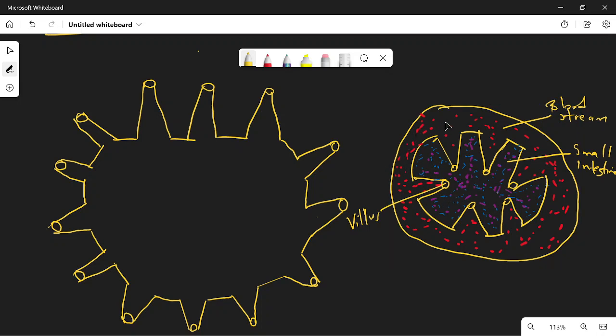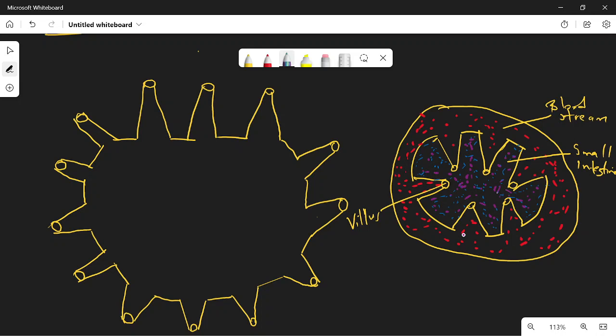Into the bloodstream. So very soon we will be having all of these materials that are in the small intestine, you see them moving into the what? Into the bloodstream. They will be passing through the villus and moving out. You'll notice that they are moving out through the villus like this into the bloodstream.